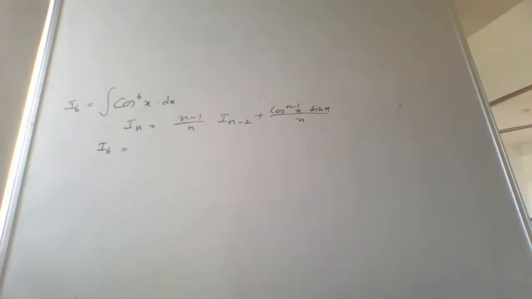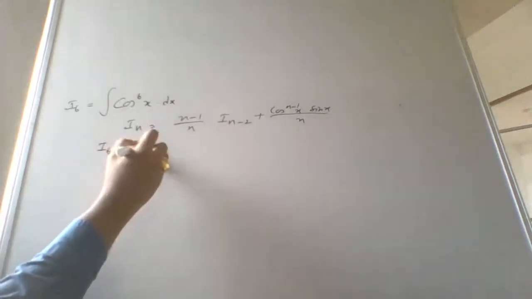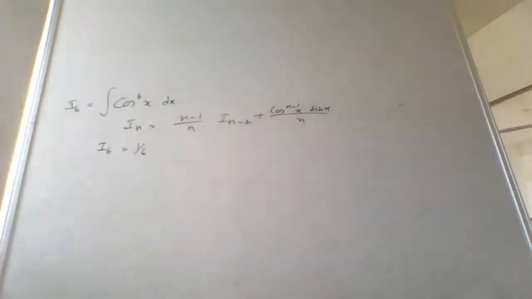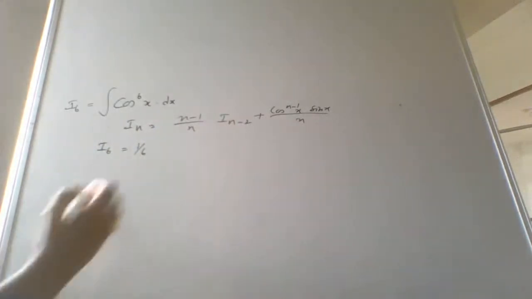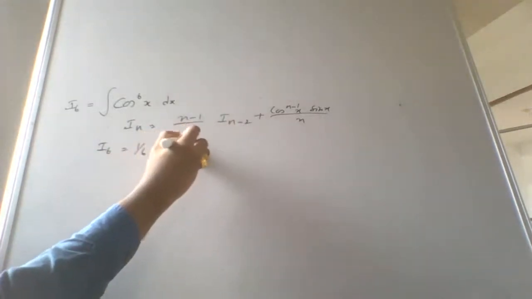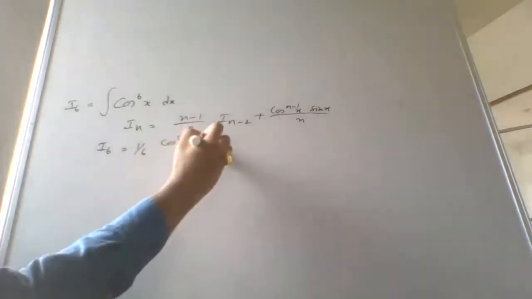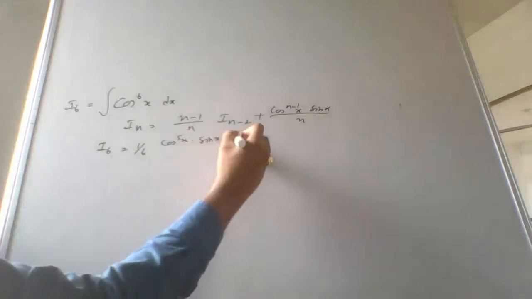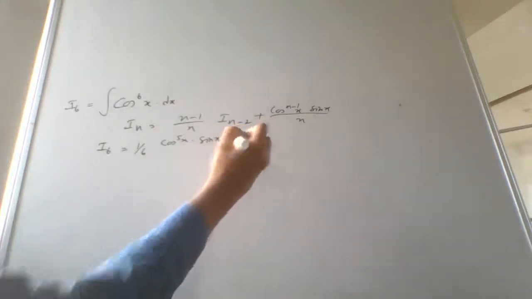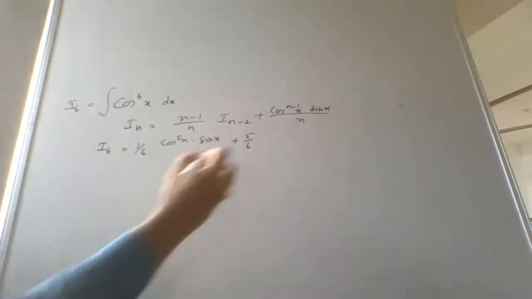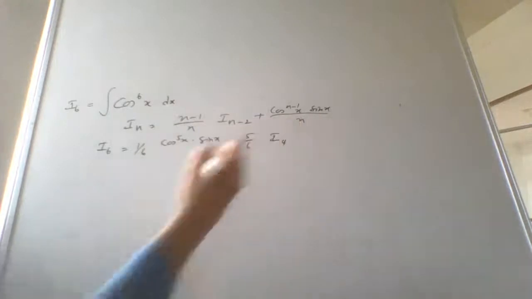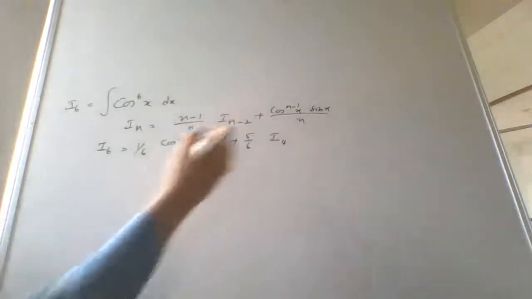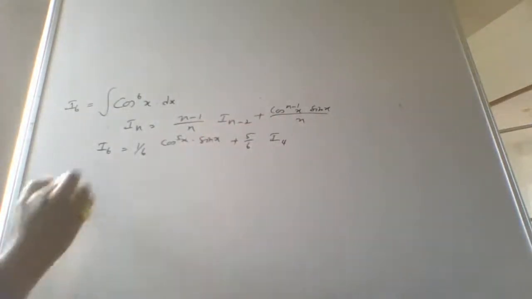That's what I'm supposed to do. So let us substitute it. I get this as 1 by 6, n being 6, cos power 5x sine x, and this is 5 by 6 I4. Let us find what is I4.